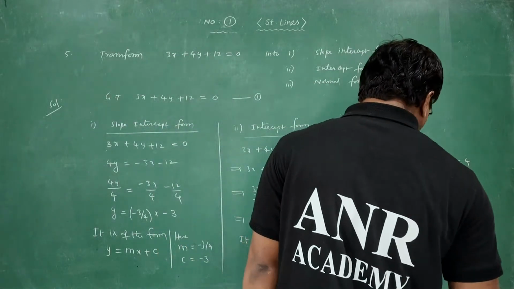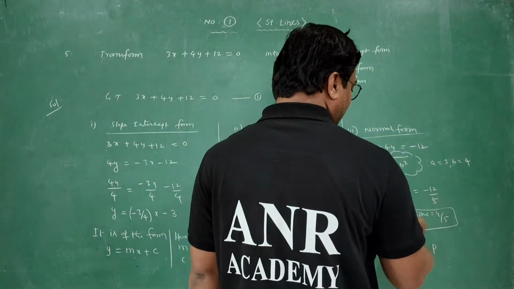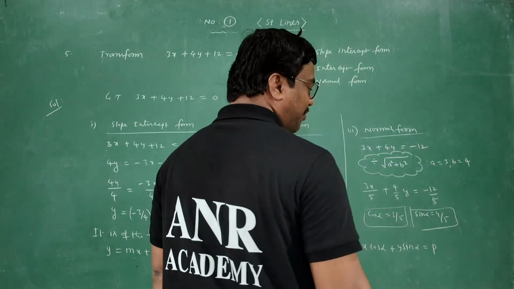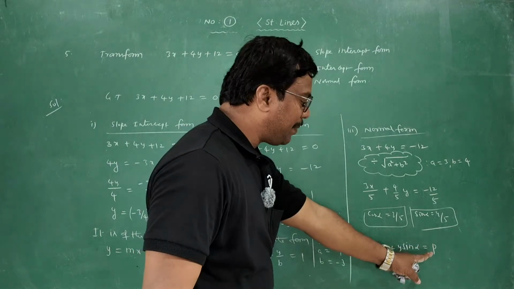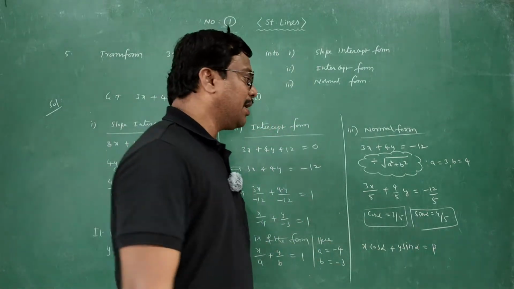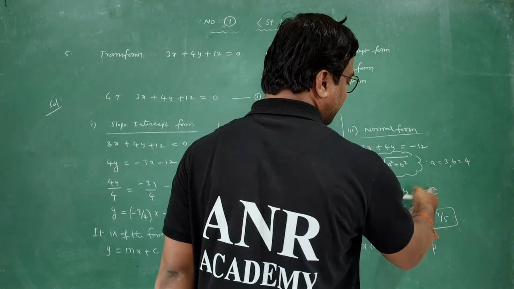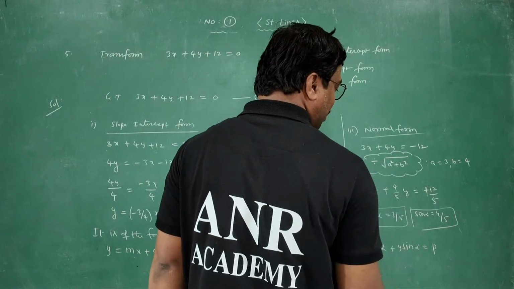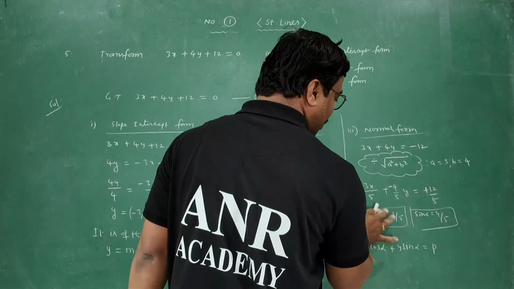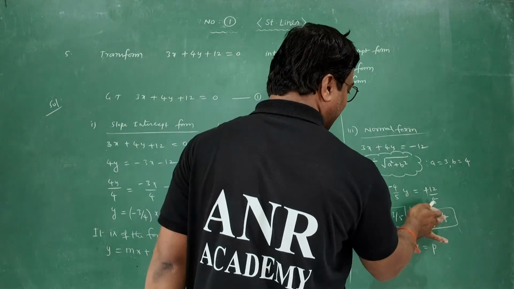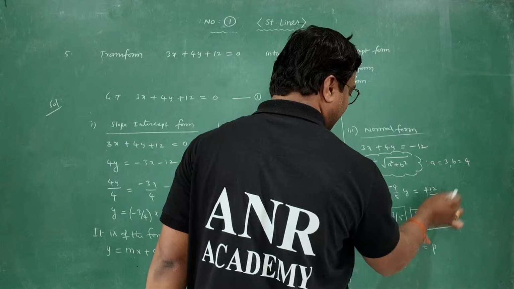And here you have minus 12 by 5, but in x cos alpha plus y sin alpha equal to p, p indicates perpendicular distance. Distance is always positive, so make it positive, and put the negative sign on the other side as well. So cos alpha is negative, and similarly sin alpha is also negative. Why?